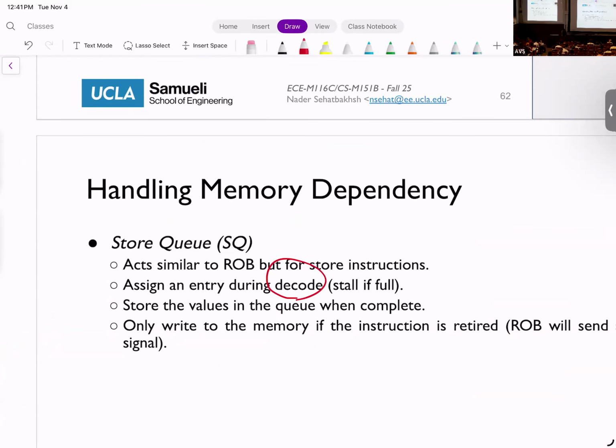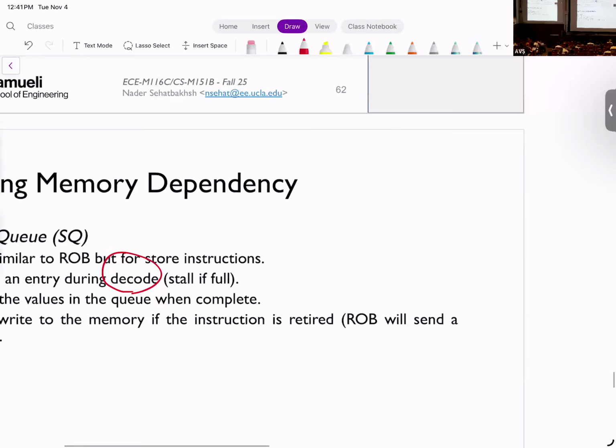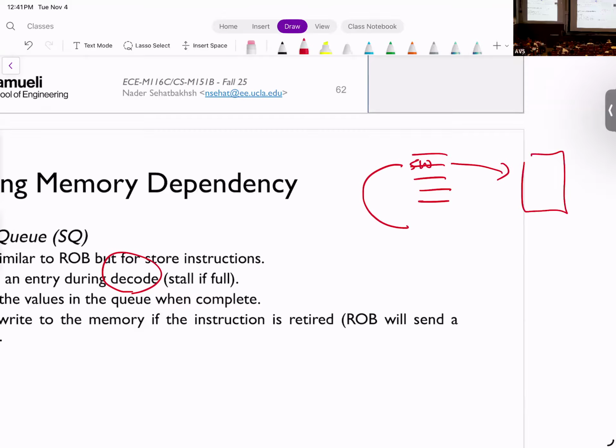Whenever I see an instruction, since I'm reading instructions in order, I create a new entry if I see a store word, here, into this store queue.